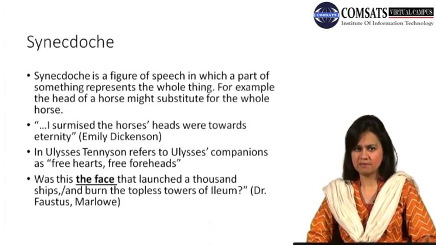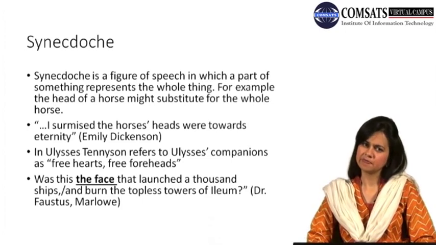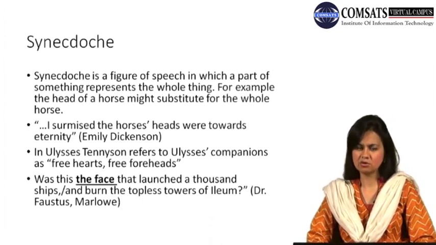Though over here he is referring to the whole person, the whole being, using a synecdoche he replaces the whole person with the part, that is the forehead and the hearts.